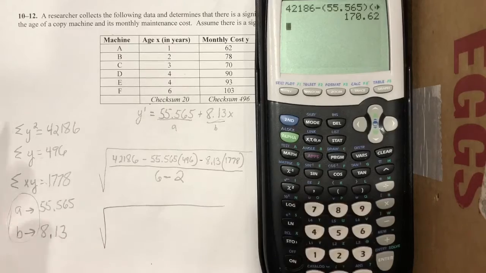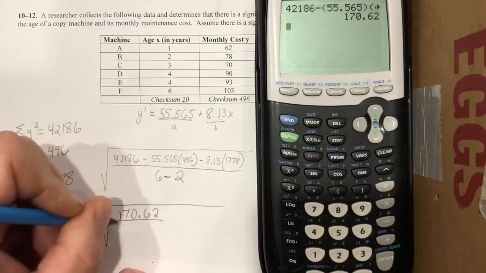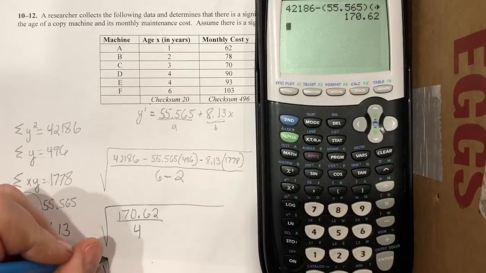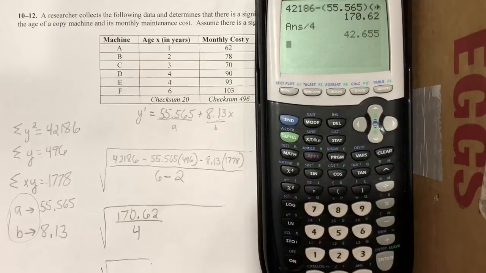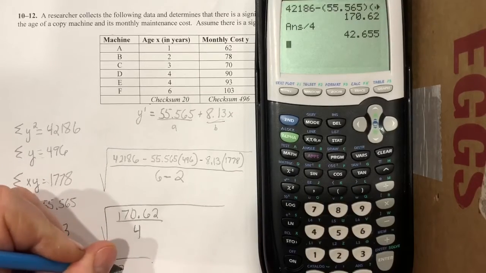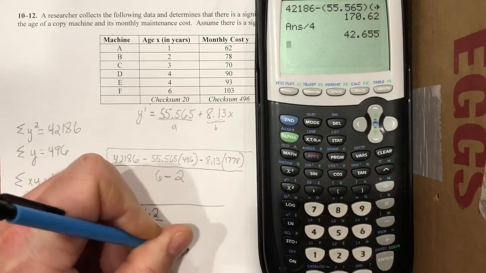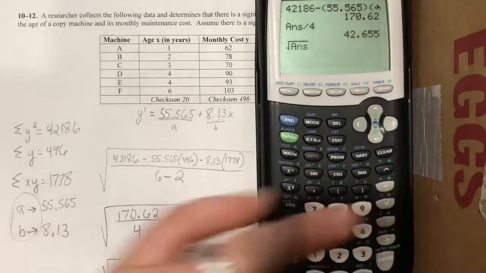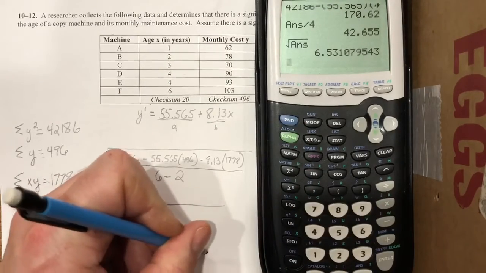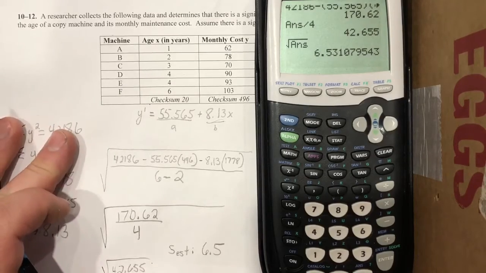As a numerator you get 170.62, and as a denominator you get 4. Divide that by 4 and you're at 42.65. Your standard error of estimate, in our case, is the square root of that answer, which is about 6.5.